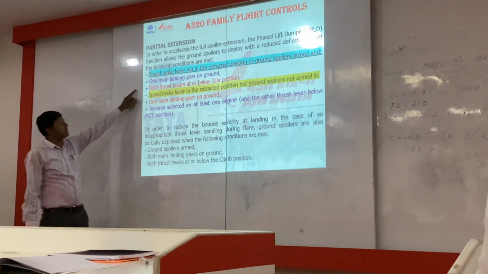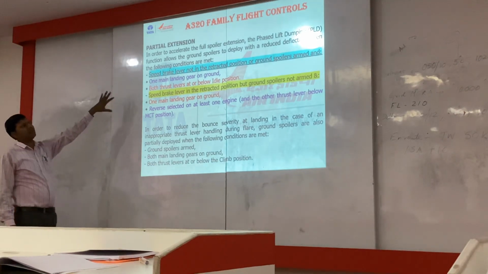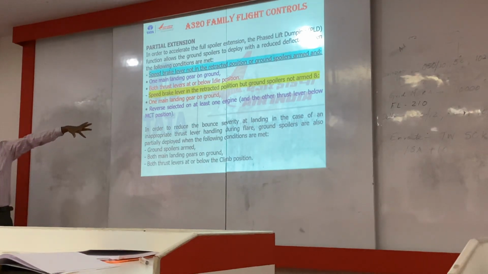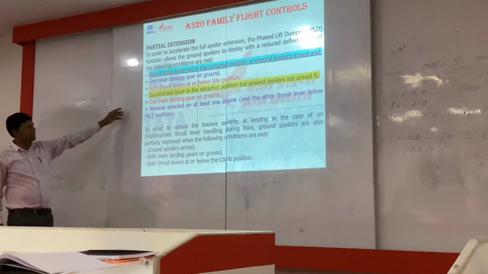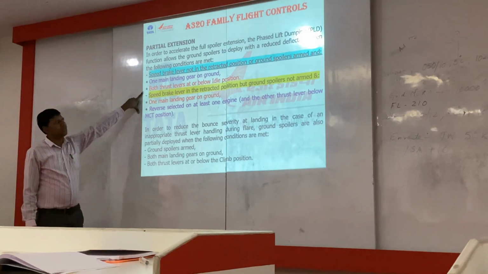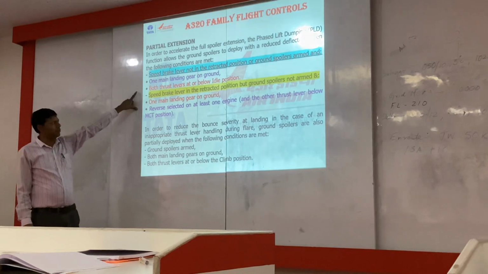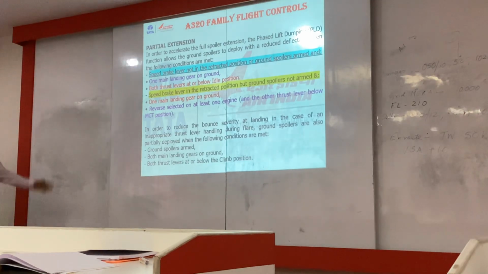The first condition is when the speed brake lever is in the retracted position or the ground spoiler is armed, one main landing gear on ground, so either one of the main landing gears is on ground, and both thrust levers at or below idle. In that case, partial extension. Second, if the speed brake is not armed, still one main landing gear on ground and reverse selected on at least one engine, then also.